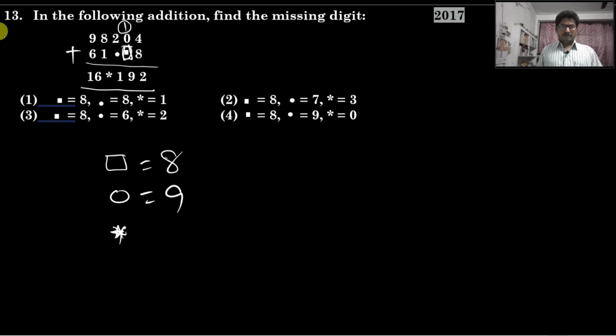Eight plus 1 is 9. Here 9. So 2 plus 9 is 11. Here 1 carry, 10. So 10 means 0. Here 0 will come. So square 8, circle 9, star 0. 890. Option 4 is correct.